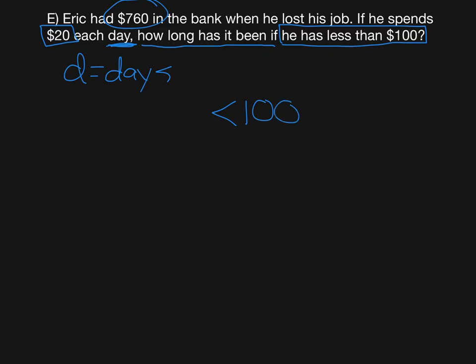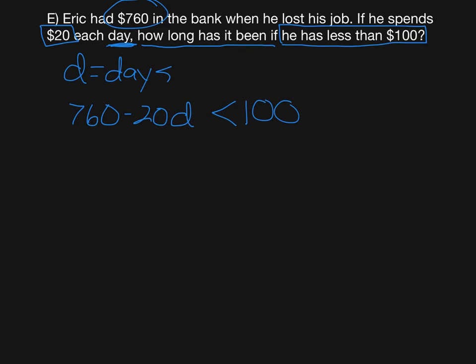Less than 100. He had 760, so that's what I'm going to start with over here on the left side. 760. And he spends $20 each day. So since he's spending that money out of his bank account, we're going to subtract $20 times the number of days. So 760 minus 20D is less than 100.